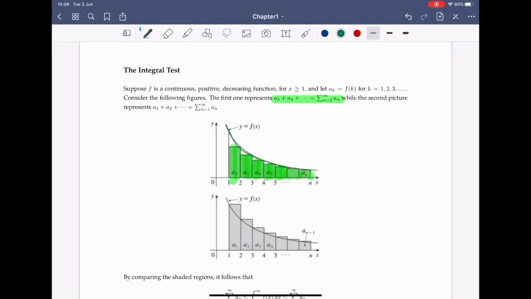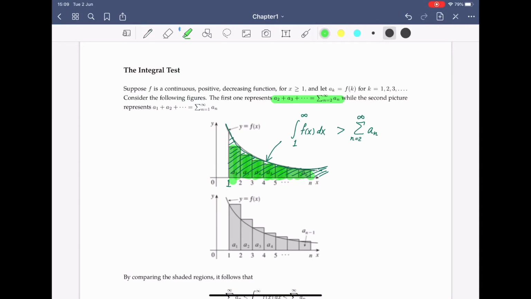The area under the curve is known as the integral of f(x) dx from 1 to infinity. And that thing must be bigger than the summation of a sub n, n starting from 2 to infinity. You can see from the picture here.